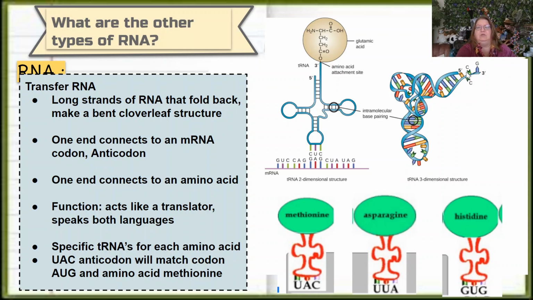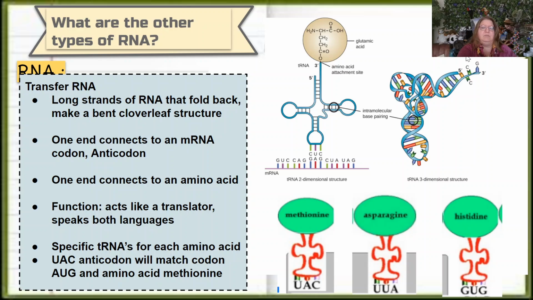But it's still showing that one end has these open nucleotides, and then the end down in the middle has another set. Now, the two ends are very, very important. One end is the anticodon, and that's going to complement base pair with our codon. And then the other end is going to connect to an amino acid.